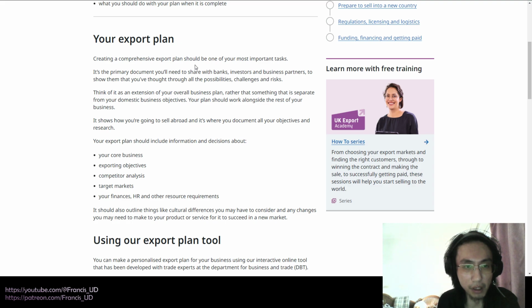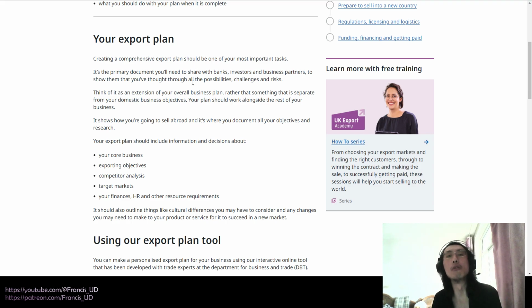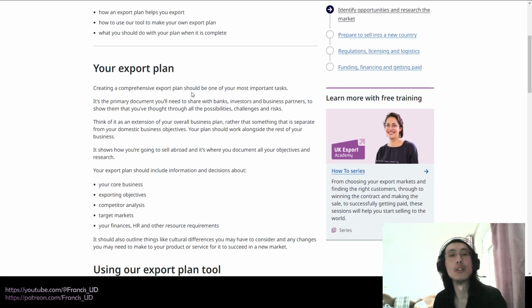Creating a comprehensive export plan should be one of your most important tasks. It's the primary document you need to share with banks, investors, and business partners to show them that you have thought through all the possibilities, challenges, and risks.